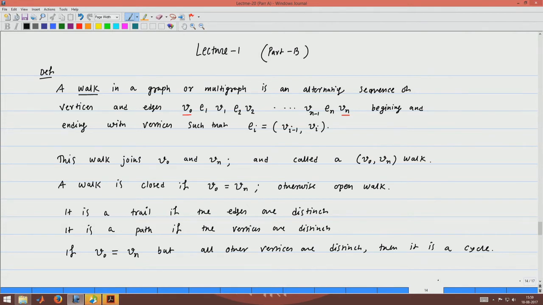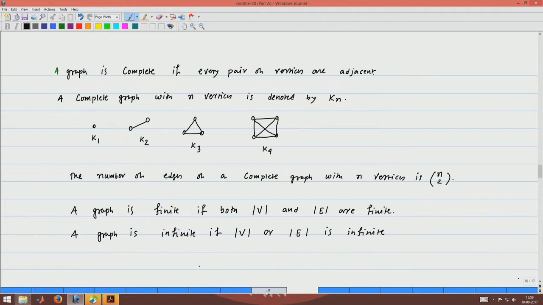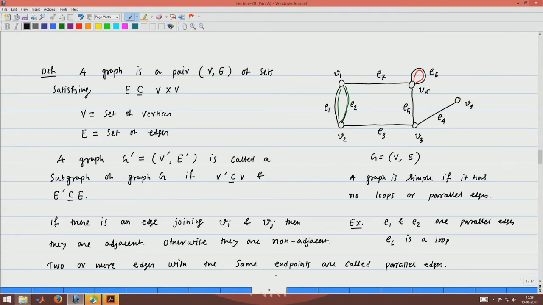Okay. So, I will explain these definitions using this example maybe. Let me give an example of a walk, say a V 1 V 5 walk.